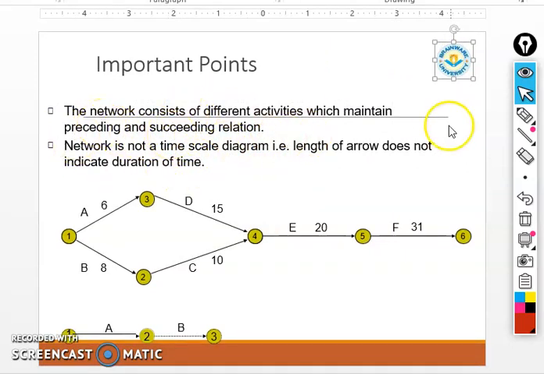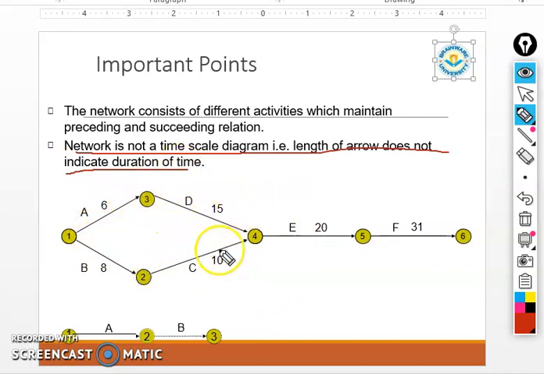The network consists of different activities maintaining the preceding and succeeding relation, and another point is that this network is not a time-scaled diagram. That is, the length of the arrow does not indicate the duration of time. So this one is a diagrammatical representation of a network.